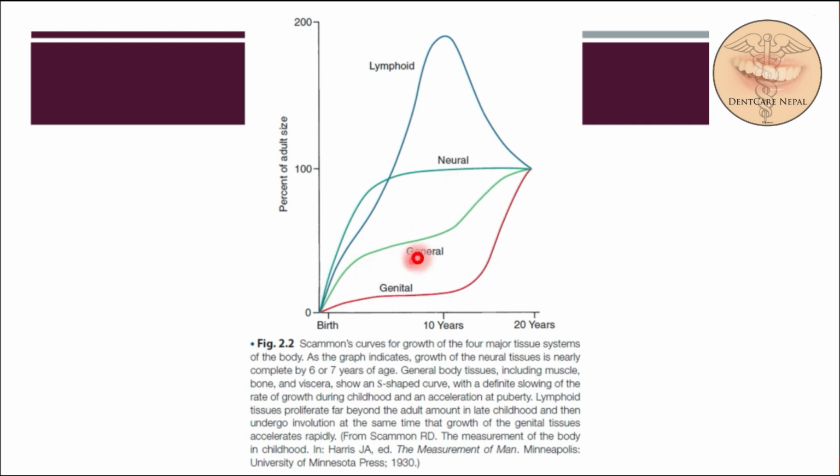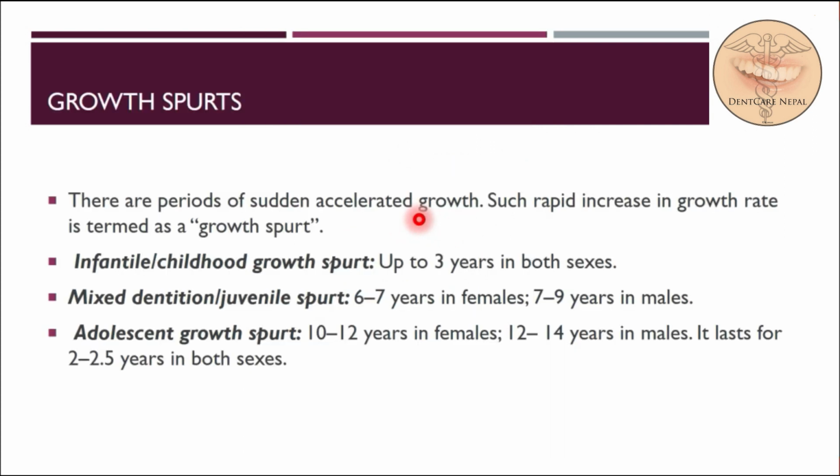The growth curve of the maxilla and mandible lies somewhere between the neural and general curves. Since the maxilla is near the brain, its curve lies towards the neural growth curve, whereas the mandible lies towards the general growth curve. A sudden accelerated growth, such a rapid increase in growth rate, is termed a growth spurt.